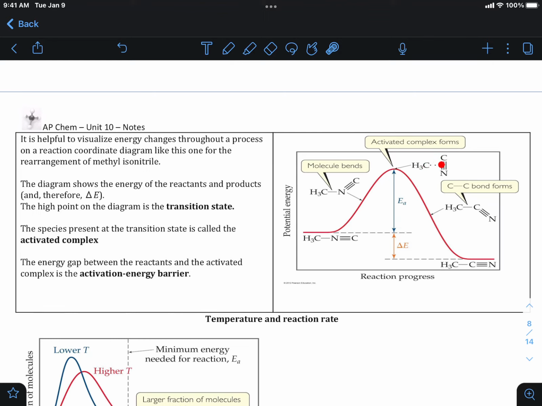Right? It's halfway on its way to becoming product. Here's the product, here's the reactant. This is the least stable state. The amount of energy needed to get this reaction going, you have to get to that potential energy. So there has to be some input of energy. And the result is that we have less energy than we started, so this is an exothermic reaction.